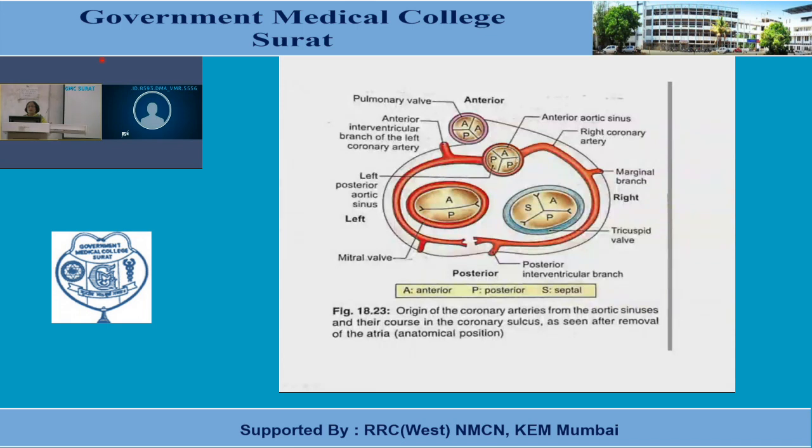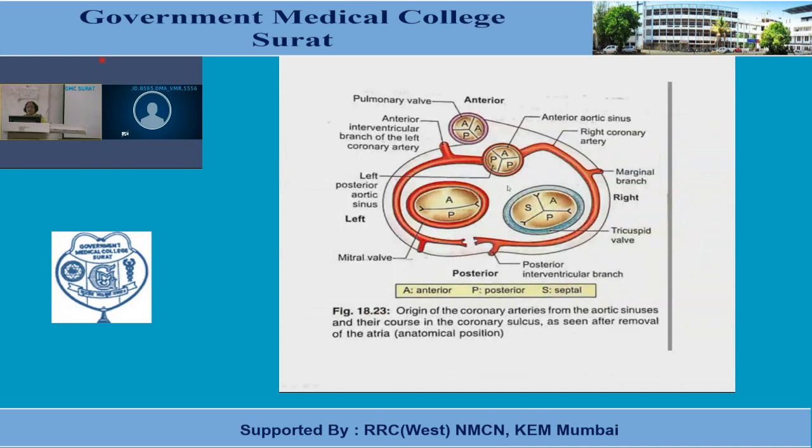But the posterior aortic sinus is divided into two, the left posterior aortic sinus and the right posterior aortic sinus. The left coronary artery is derived from the left posterior aortic sinus, is larger than the right, and its terminal part anastomoses with the right coronary artery.